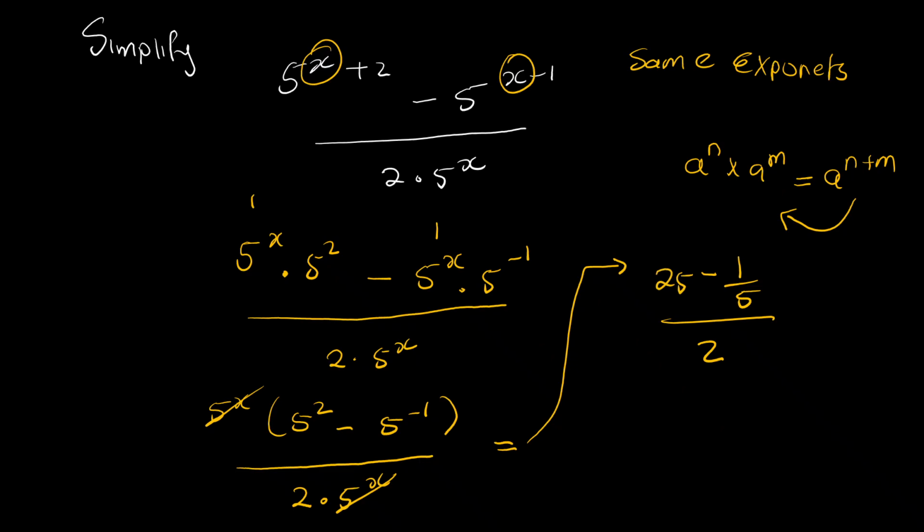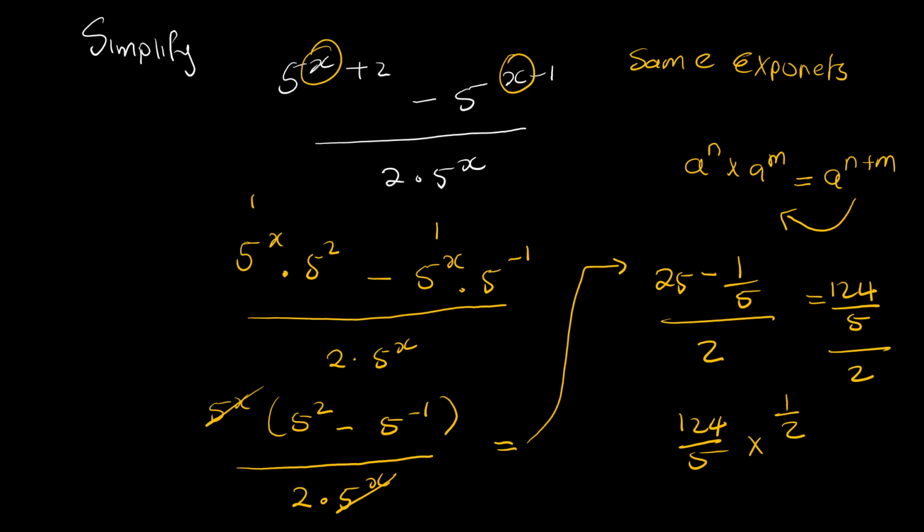Now when I have it like this, you can work out the top part: 25 times 5 is 125, minus 1 is 124, over 5, and then everything divided by 2. So I'll have 124 divided by 5, and this is multiplied by 2. Remember, if we do the reciprocal, this is 1 over 2.